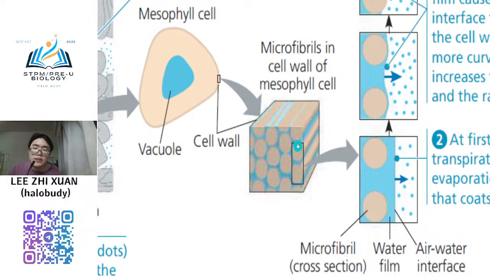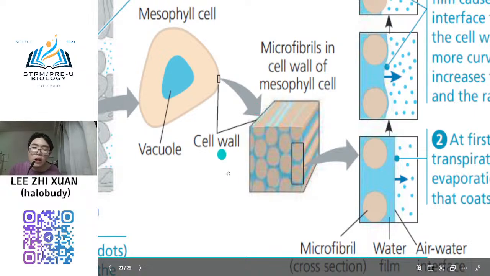This is the structure of the cell wall that you already learned in Sem 1. I don't want to repeat it any more. Still remember the cell wall is made up of cellulose, hemicellulose, lignin, all that. And then we know that they are arranged as microfibrils.